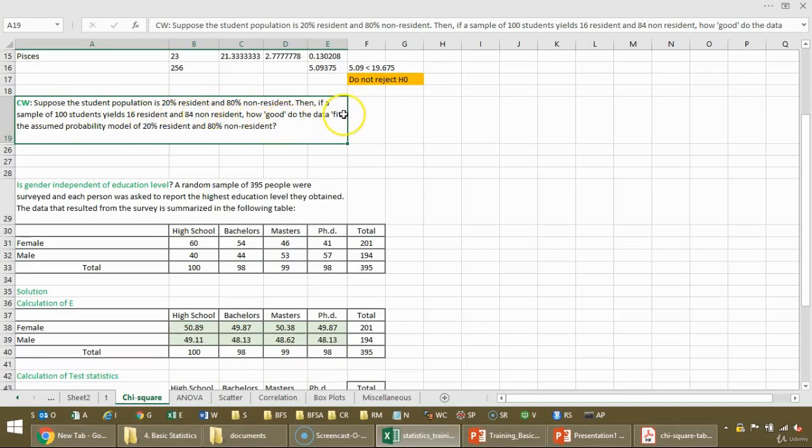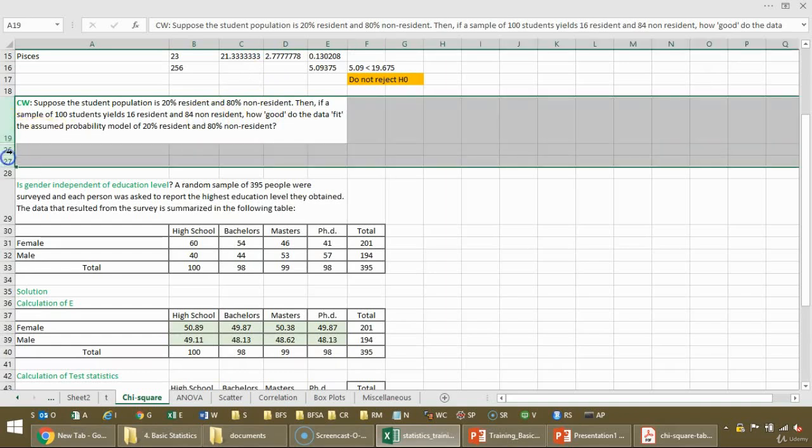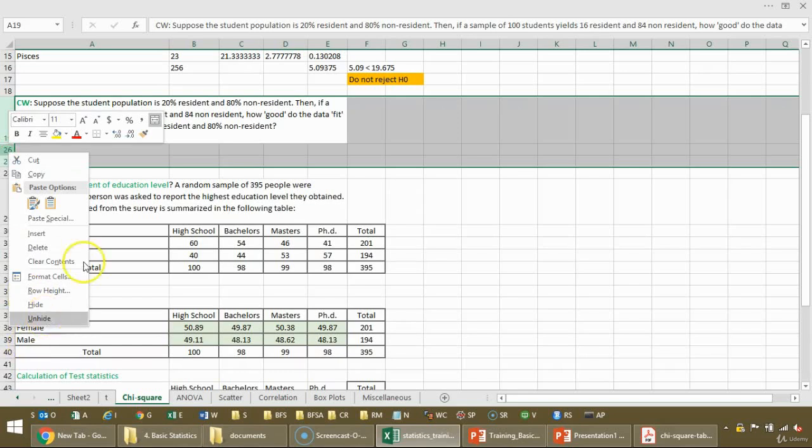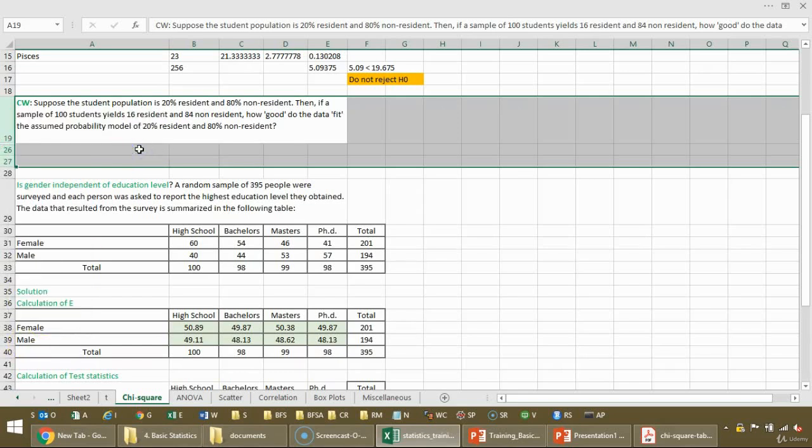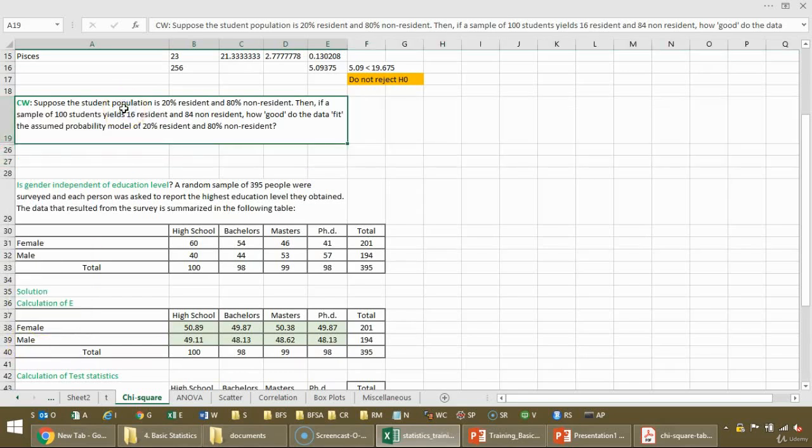How good is the fit, assuming 20% resident and 80% non-resident? Please try to do the chi-square goodness of fit in a similar way, without looking at the answer. Once you have done it, you can match it with the answer, which is hidden here. If you unhide, you will see the answer. But without looking at the answer, please solve it.